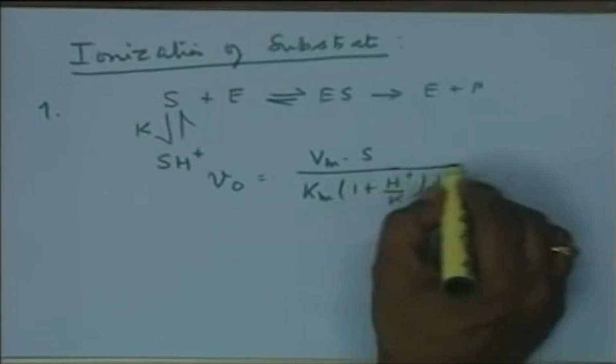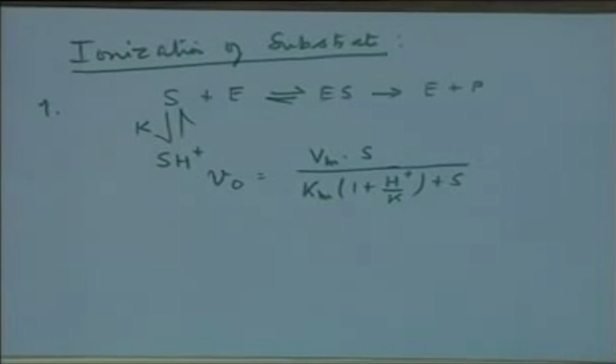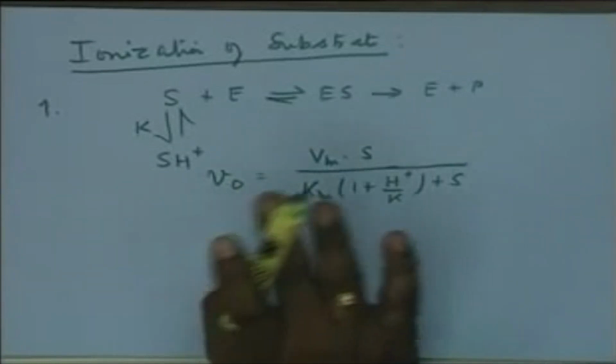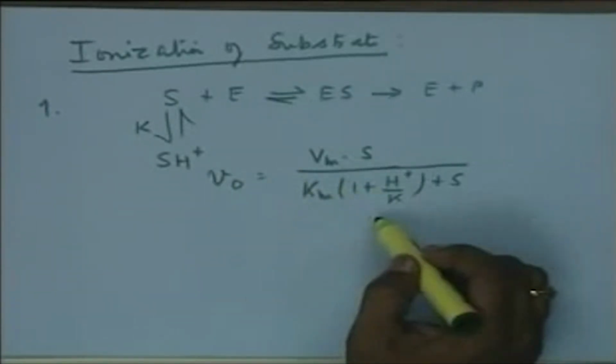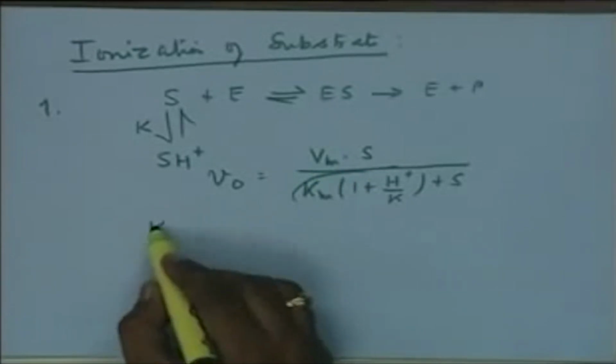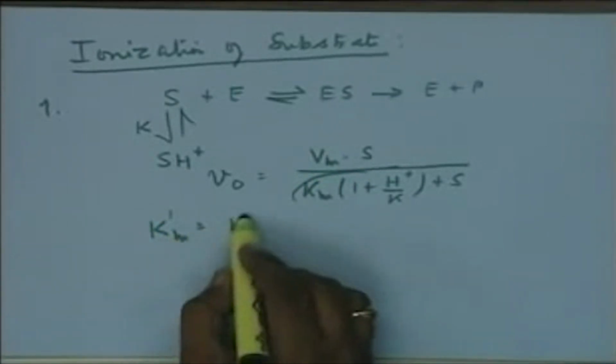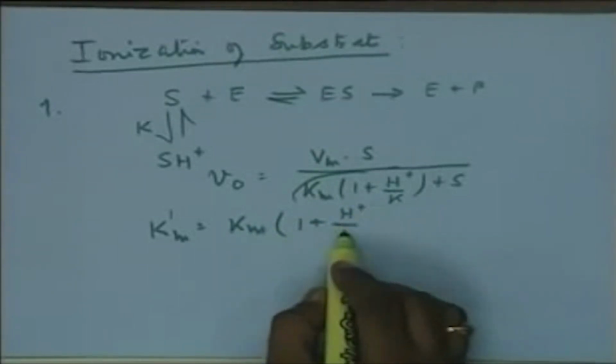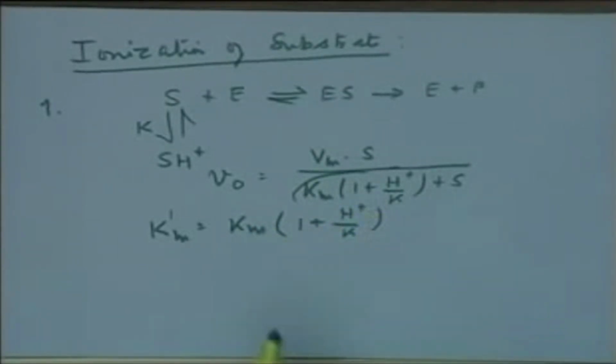You will notice that in such a case the net effect of the ionization of the substrate is an increase in the Km value. The Km value is modified to the true Km times (1 + H/K), and the expression is analogous to that of competitive inhibition.